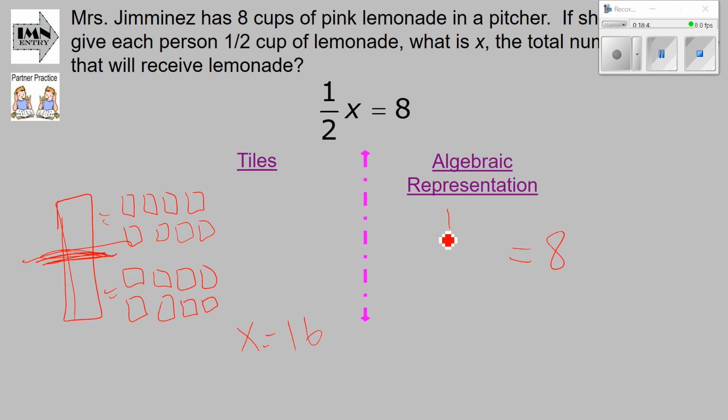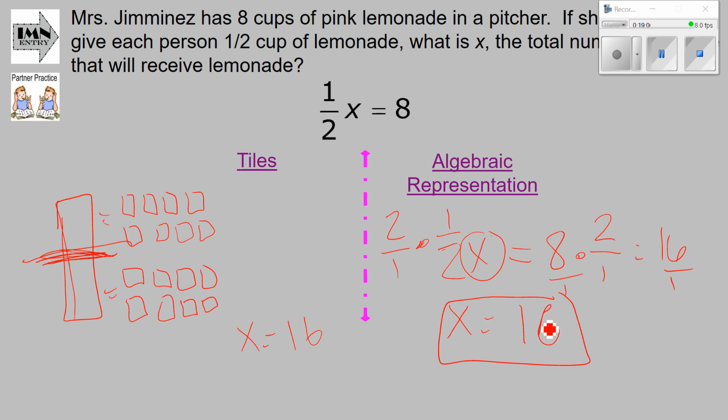So 1/2 of x equals 8. So again, I can multiply by the reciprocal to get x by itself, right? I want x alone. So this becomes 1. And over here, I multiply by 2 over 1. Well, that's going to give me 16, just like we said. And so we know that x equals 16.